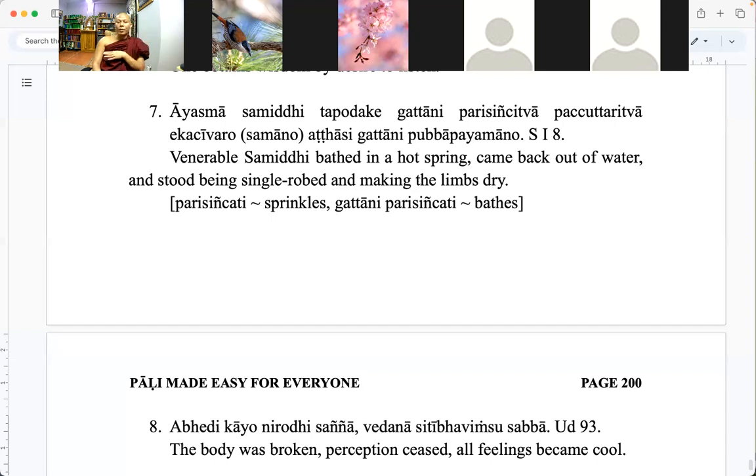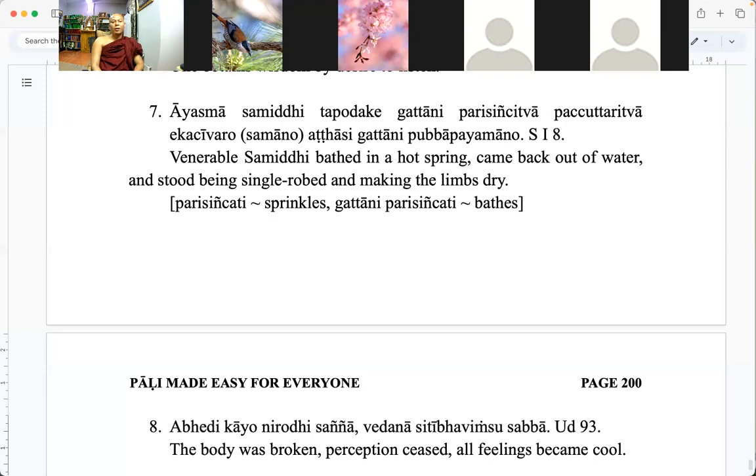But when we translate in this way, we miss the Pali flow. So can we say 'and dried the limbs with the underrobe'?